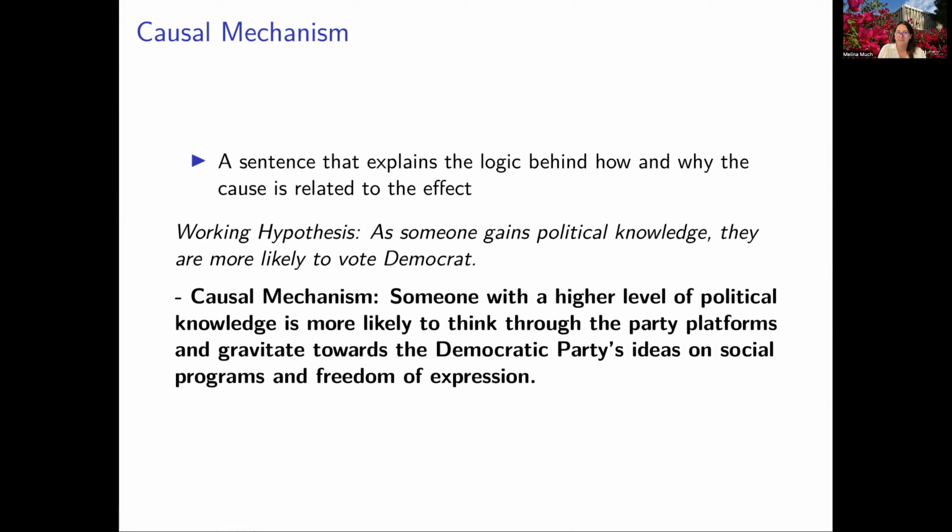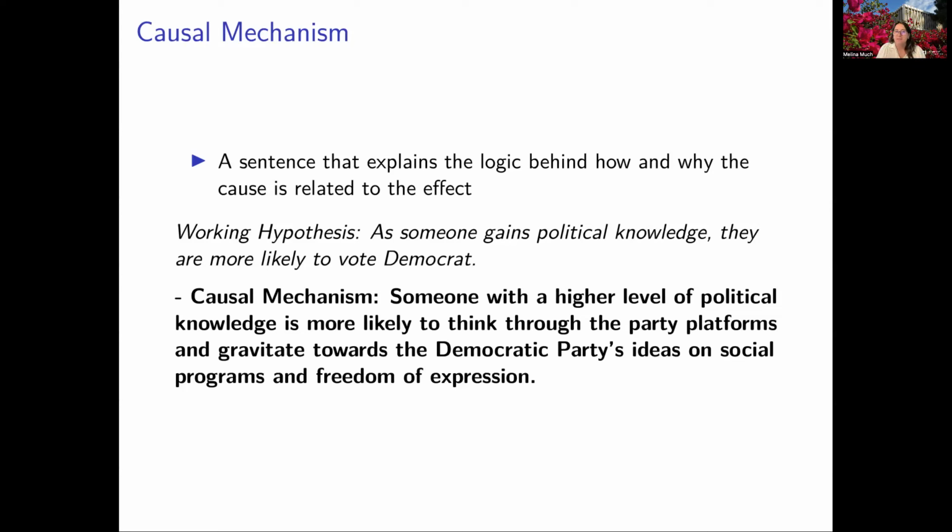So our independent variable is political knowledge. Our dependent variable is voting Democrat. So we need to think about the logic of why increases in political knowledge may make people more likely to vote Democrat.